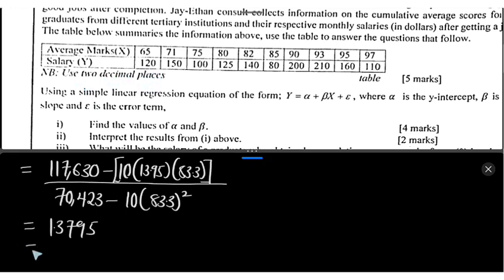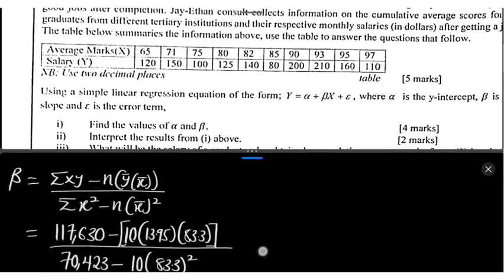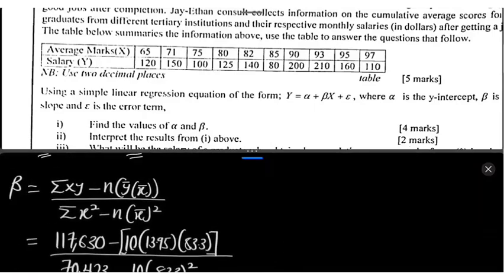So therefore we're going to say it's 1.38 in 2 decimal places because of the 9. So this is going to be the slope of the equation, equal to 1.38.